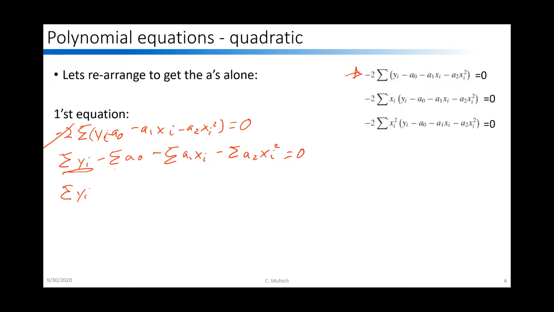Here, remember this is going from i equals 1 to n. So if I take A0 plus A0 plus A0 plus A0, I have n times A0.